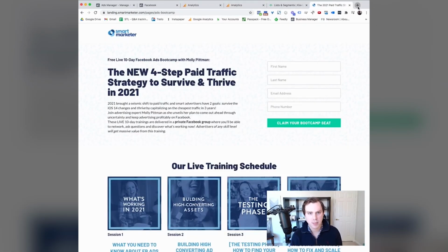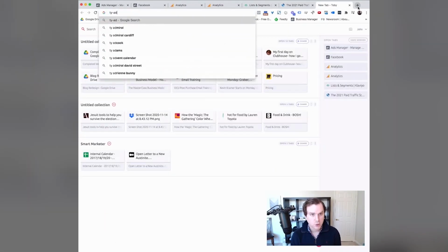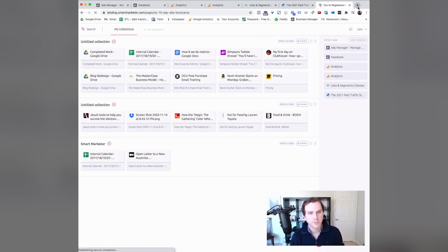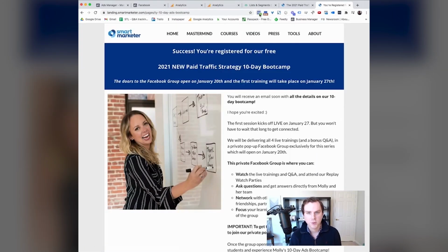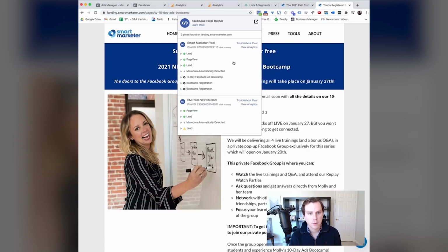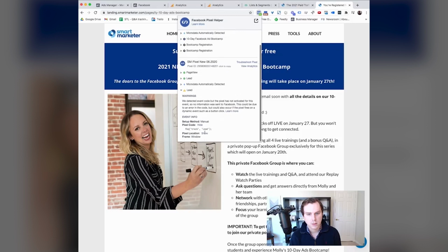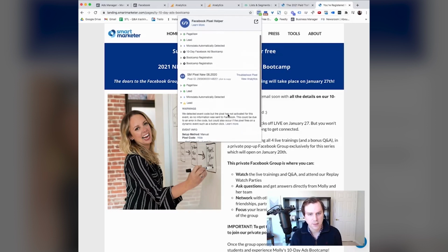Maybe the thank you page has too many, let's see, thank you ads bootcamp. I think it's actually thank you 10. Yeah, here we go. Maybe it has 2 pixels on it. So there are 2 pixels, which is okay. This lead event is not even firing off, so that's not the factor.